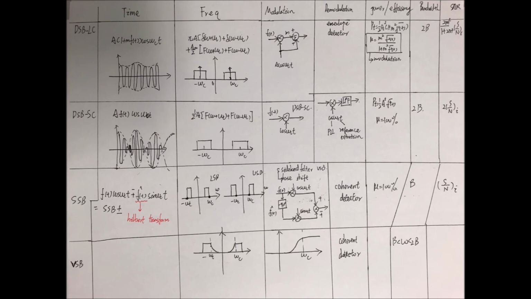Okay, so we talked about time and frequency, both equation and sketch. Then we talk about how I can generate my double sideband large carrier.